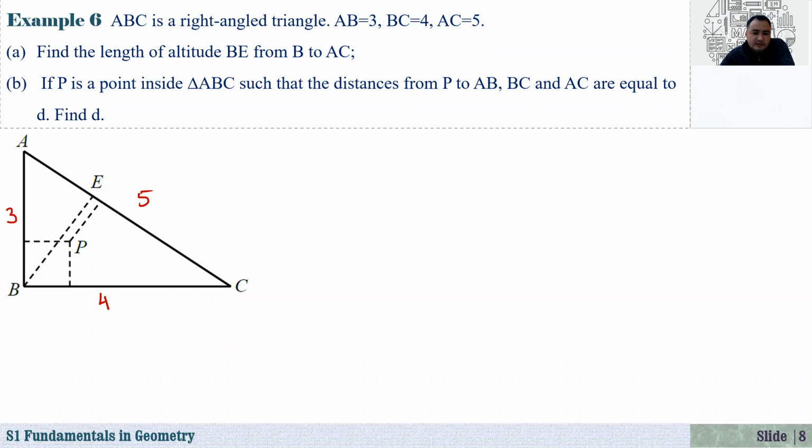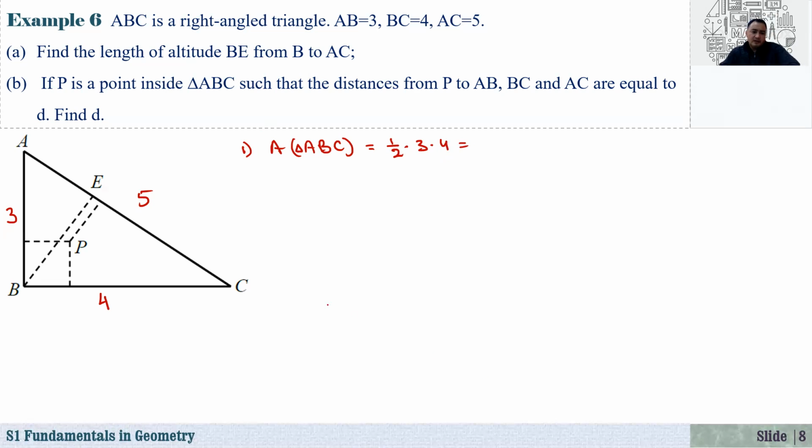Okay, and since AC is given, it is 5, right? Now, what is the area of triangle ABC? The area of triangle ABC, just right here, that's equal to 1 over 2 times AB, that's equal to 3, times BC, that's equal to 4.